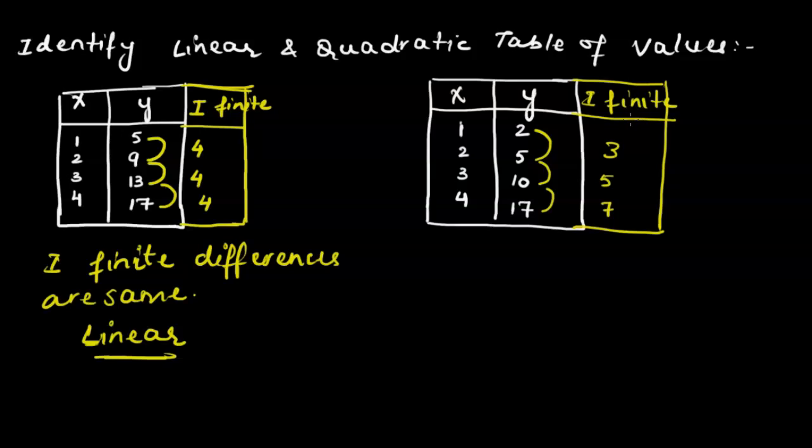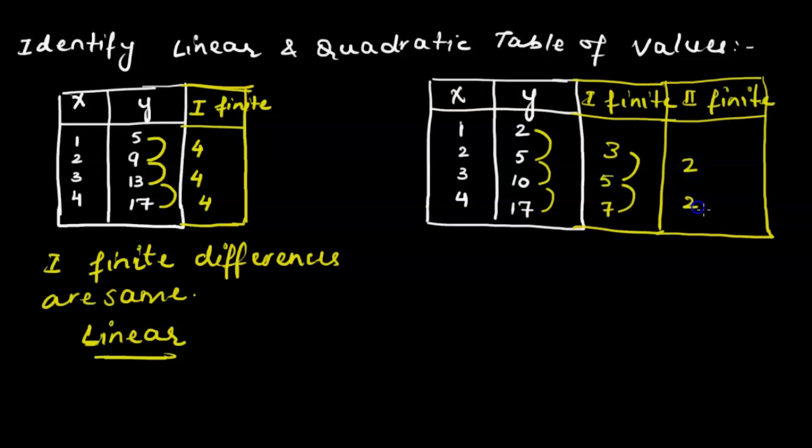When the first finite differences are not the same, we do the next step, and that is to find the second finite differences. The second finite differences are the differences of the first finite differences. Always remember, we subtract the top number from the bottom number. So this is 5 minus 3, which is 2. 7 minus 5 is again 2. We notice that the second finite differences are the same.